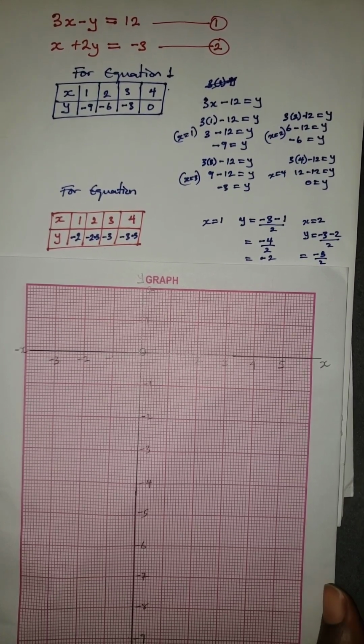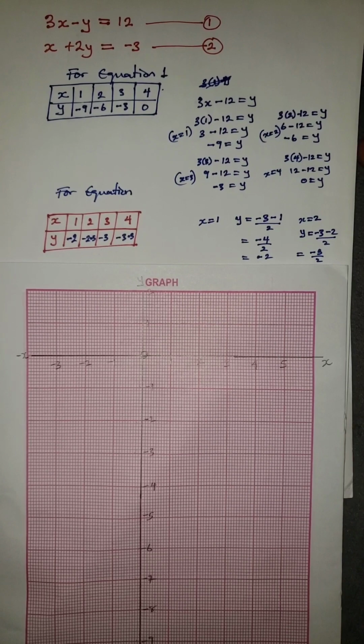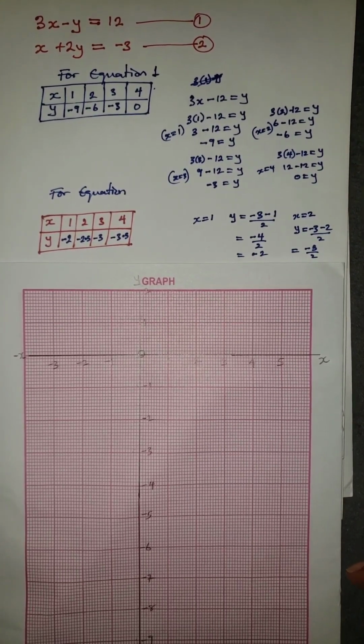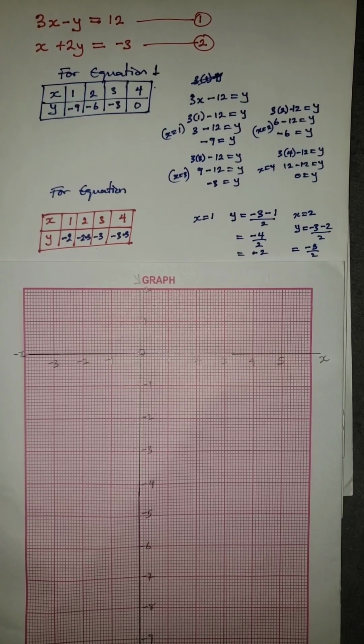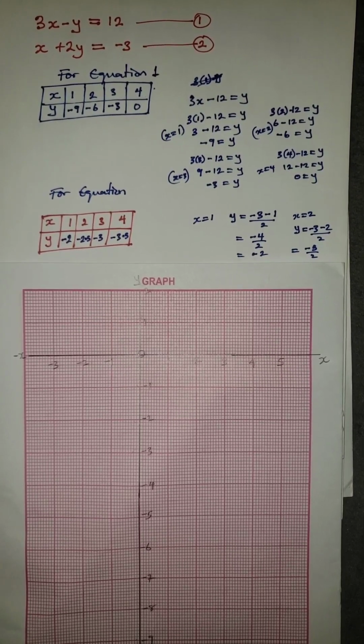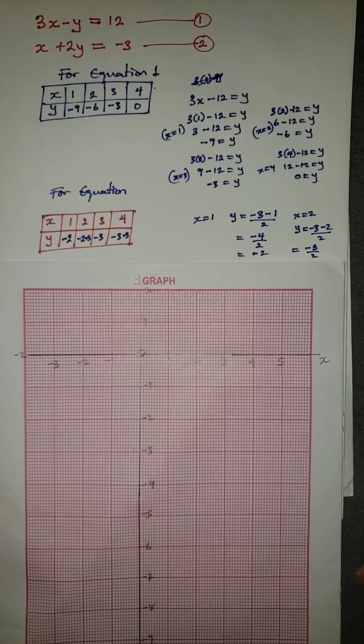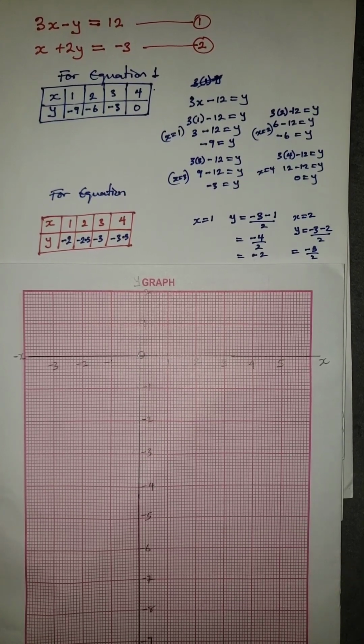Sometimes we normally face a challenge while plotting this graph because we are not sure where the two lines are going to meet. So we just plot. Sometimes they'll meet outside our graph. When they meet outside our graph, what it implies is that we are going to draw the graph again and reduce the scale. When you reduce the scale, you will be able to get to the point where the two lines intersect, which previously met outside your graph.